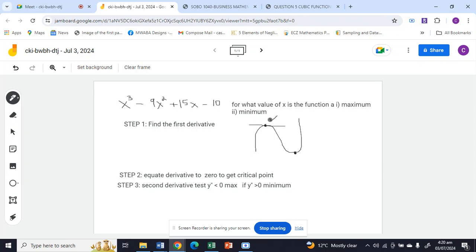This point is the maximum value, and this point here is the minimum value. So those are the values we want to find.